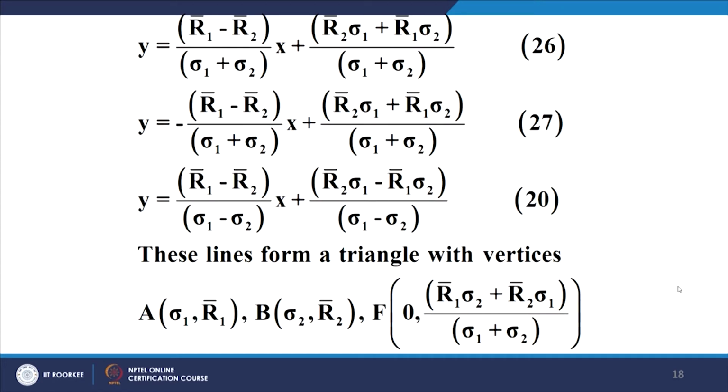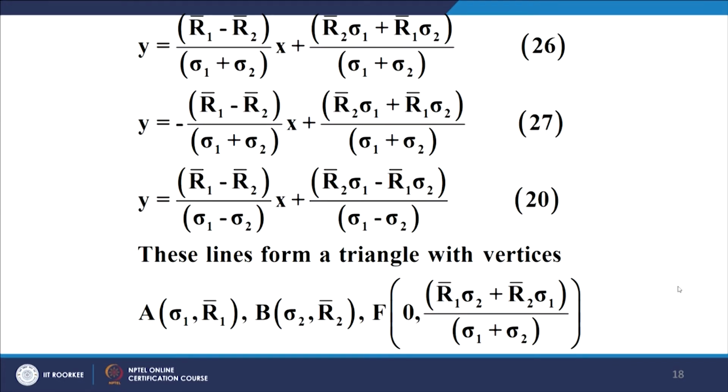These three equations, or the lines represented by them, intersect at 3 points: A, which represents one security (sigma1, R1), B, which represents the other security (sigma2, R2), and the risk free rate, which is represented by (R1 sigma2 + R2 sigma1) divided by (sigma1 + sigma2).